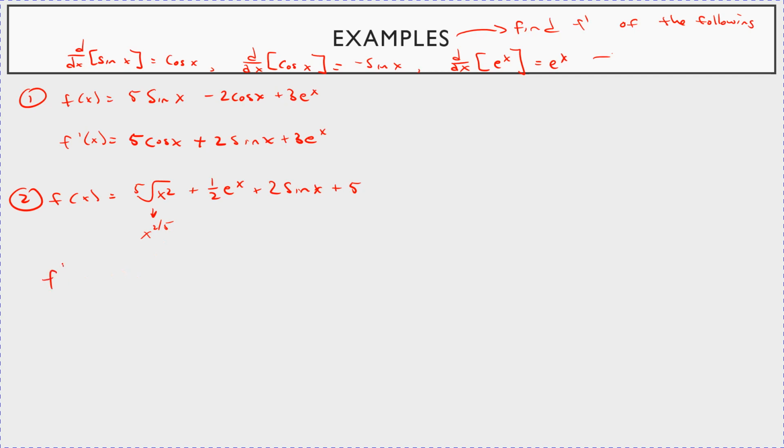So then f prime of x, you're going to bring the 2/5 down. So 2/5 x to the, 2/5 minus 1 gets me minus 3/5. Derivative of e to the x, so this is just plus 1/2 e to the x, got that. And then look, what's the derivative of sine? It's cosine. Plus 2 cosine of x. And the derivative of 5 is just 0, so that just goes away.